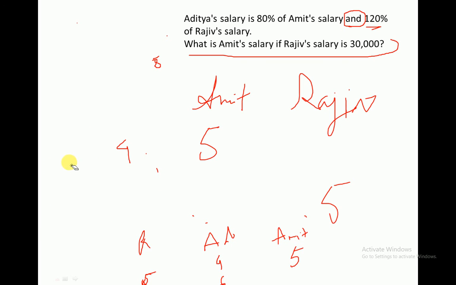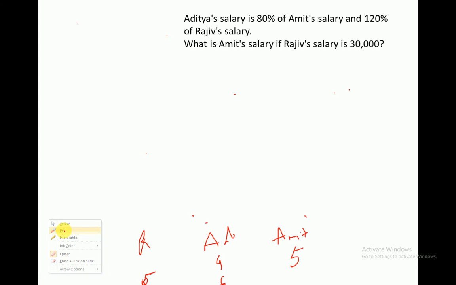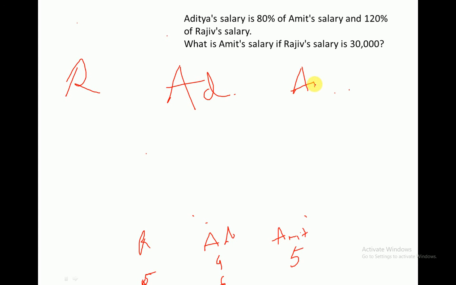Let me remove the above one so we can do it with the final one only. Rajiv, Aditya and Amit: Aditya's is 4 and 6, Amit's first one is 5, and Rajiv's second one is 5.